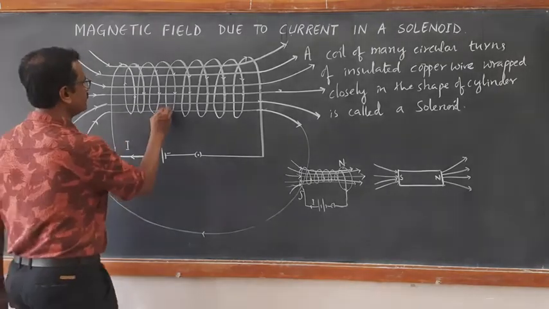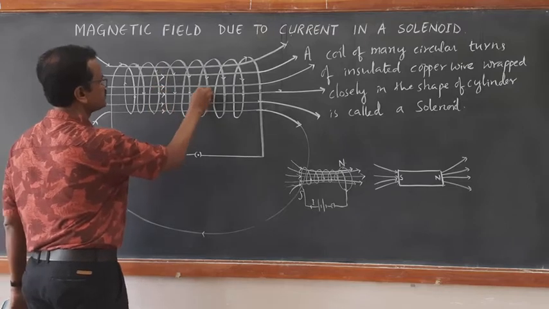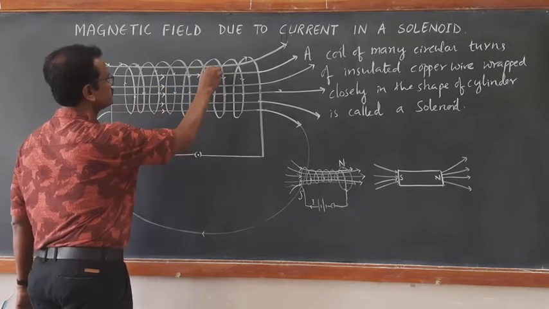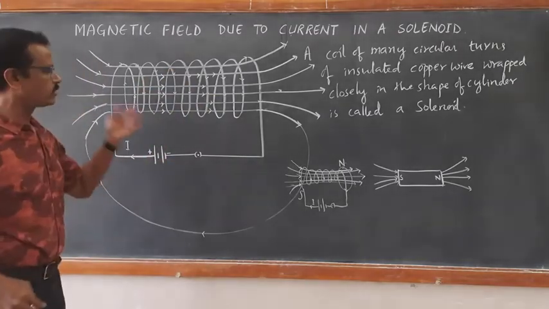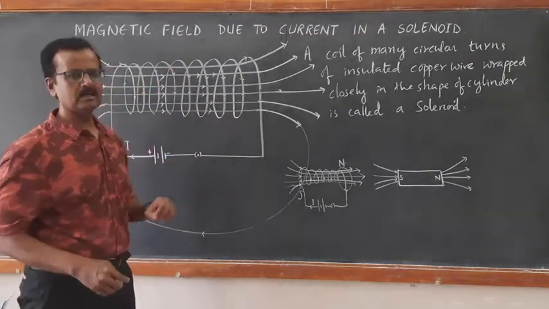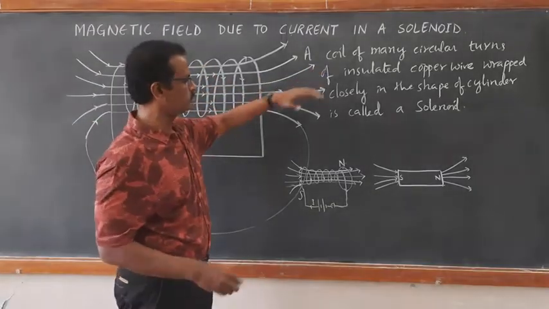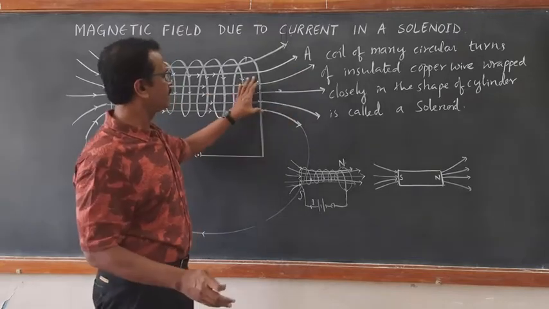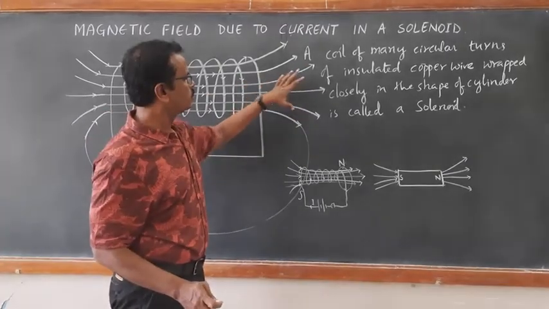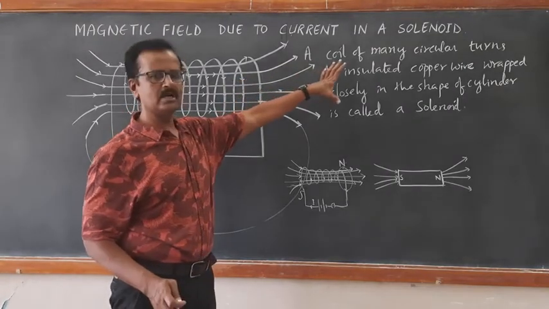There is a difference here. The magnetic field lines inside the space of the solenoid coil are almost parallel to each other. But when they are emerging out, they are getting curved, meaning the magnetic field strength decreases.